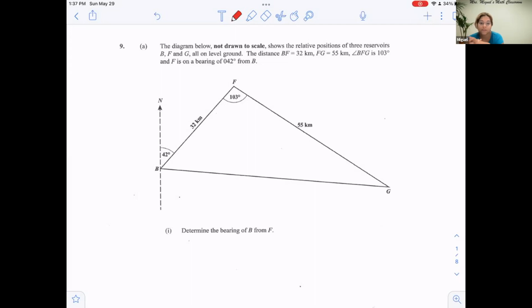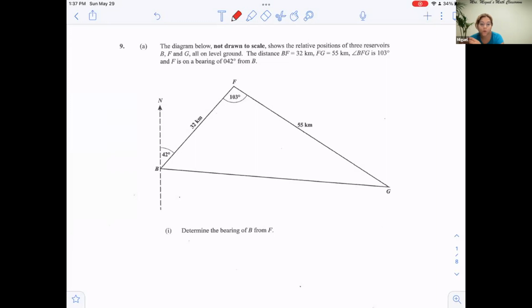But solving triangles is mostly familiarized with question 9 of the CSEC paper 2.